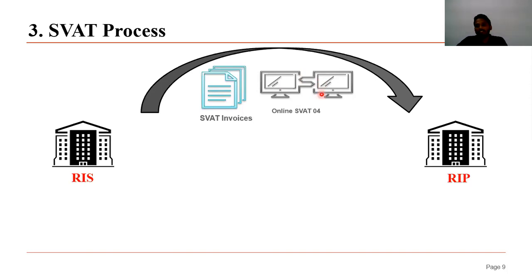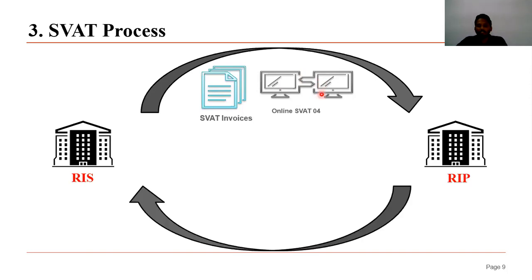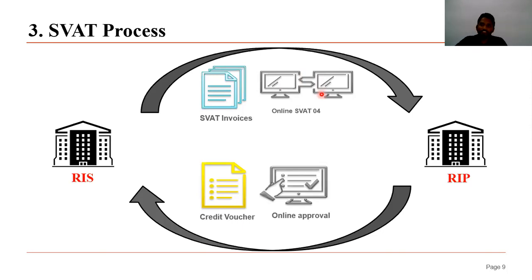Then later, the RIP will issue a credit voucher on those suspended supplies, whatever invoices they get. At the same time, they will approve in the SVAT system, that is the RAMIS system.